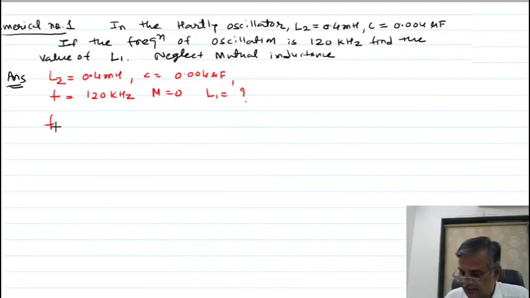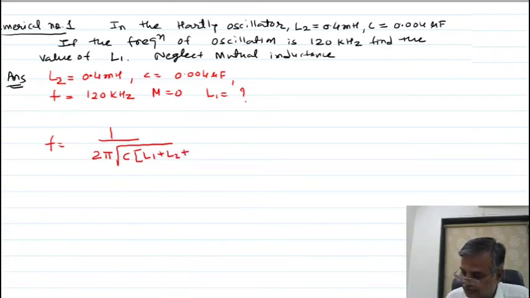You know the frequency is given by F is equal to 1 upon 2 pi root C into (L1 plus L2 plus M). You know this equation.